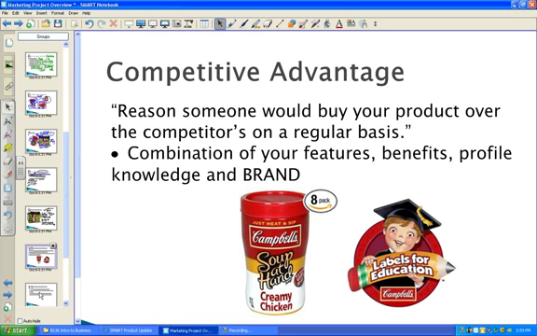Now this is a typical definition of competitive advantage that I give my students. It is not the technical definition, but it's the essence: the competitive advantage is the reason someone would buy your product or service over the competitors on a regular basis.